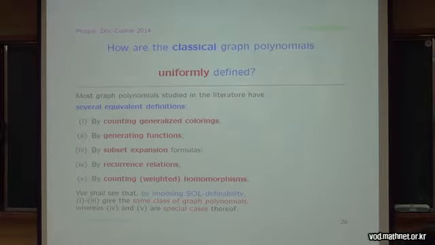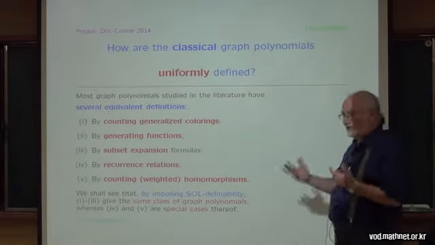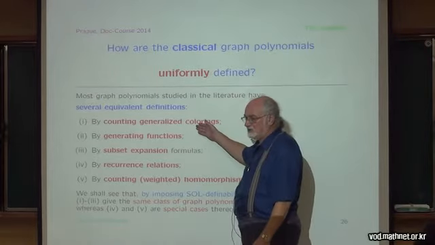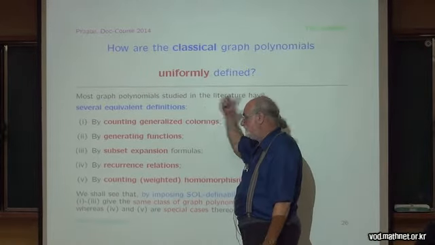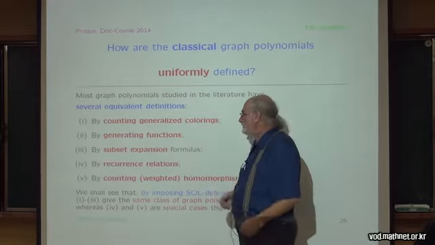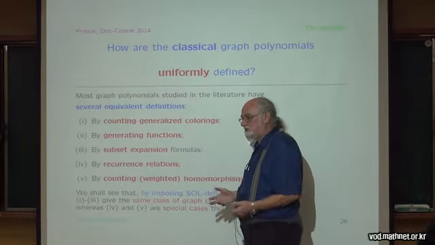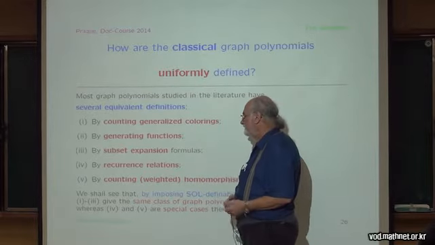Now, how are the classical polynomials, the animals in my zoo, defined? Well, we have counting generalized colorings, and some of them may enter the zoo. We have many cases of generating functions, the matching polynomial, the clique polynomial, the independence polynomial.